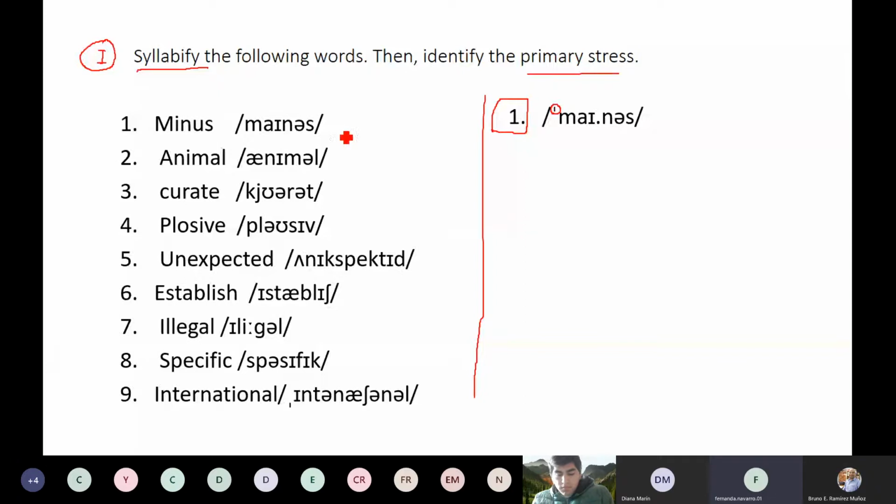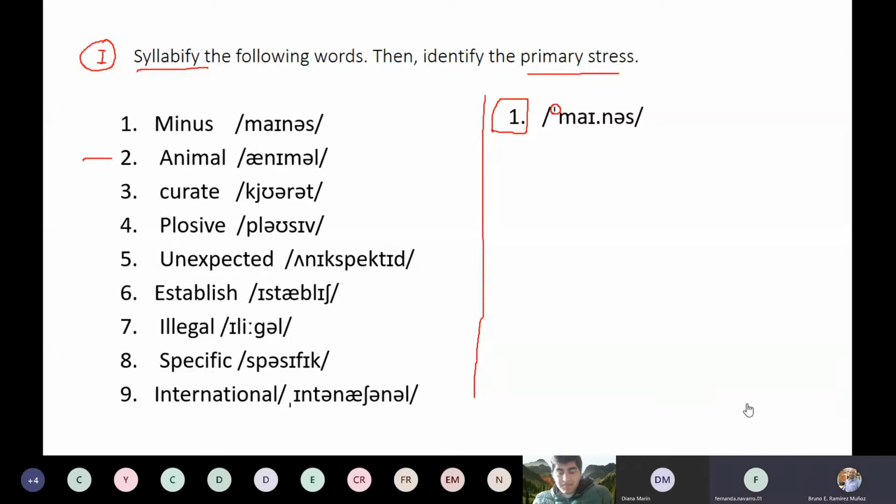Animal. Okay, so I think it is animal. All right, and where will you place the primary stress? In ni.